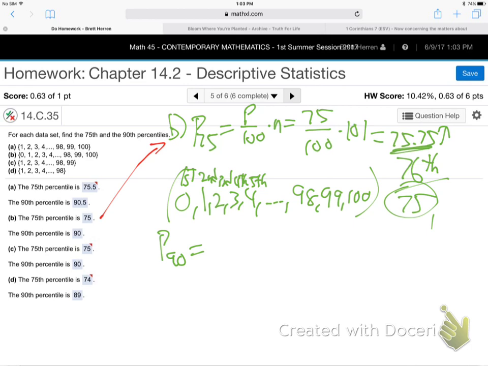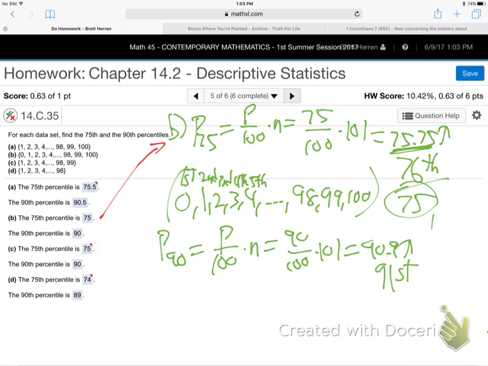So P90, P over 100 times N, 90 over 100 times N. The number of numbers is 101, huh? I'm getting 90.9. Rounds up, 91st number, right?